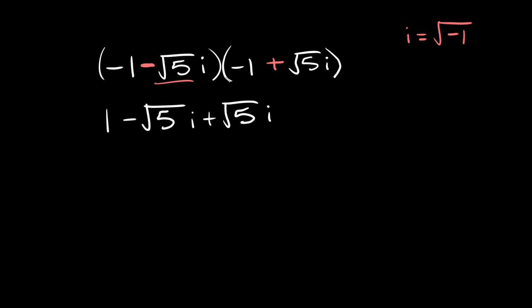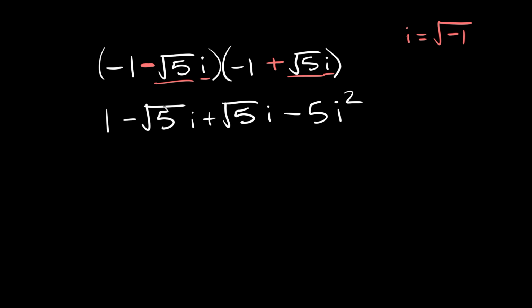Well, first of all, root 5 times root 5 is equal to simply 5. Okay? And then we have a negative times a positive, which is equal to a negative, right? So we have -5. And then we also have i and i, so i times i is equal to i squared. Okay, great.